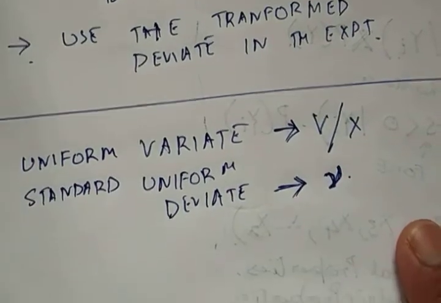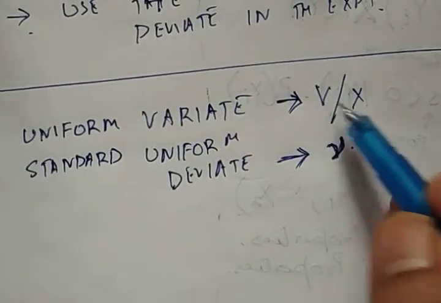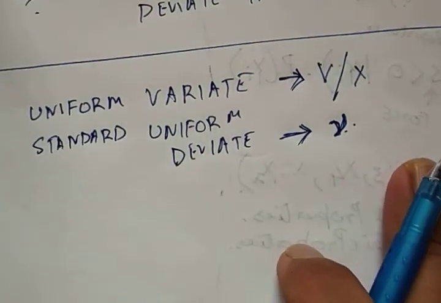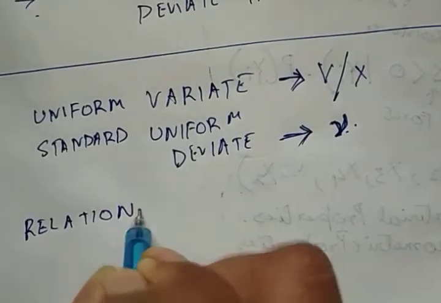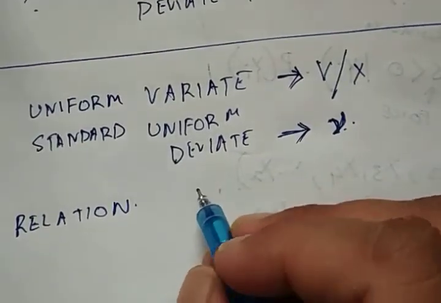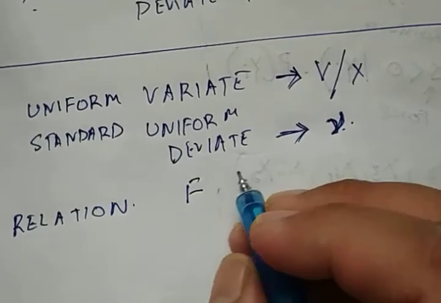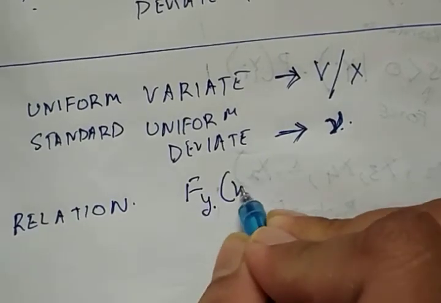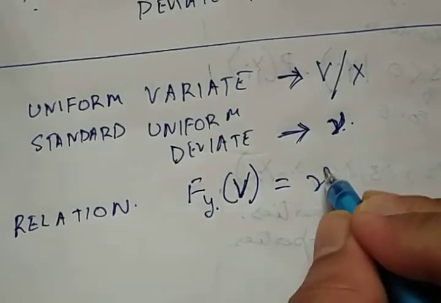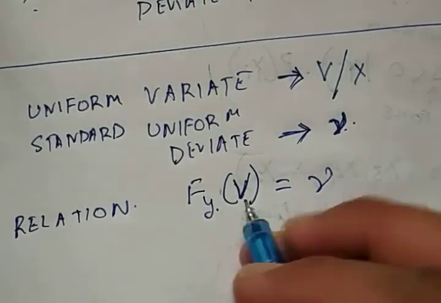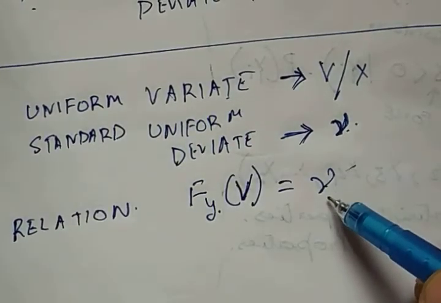So how do I get that? Now the main thing is what is the relation between this V and this small v? The relation that defines it would be cumulative probability. We have already learned about that. The cumulative probability, capital F of V, is going to be my nu. The cumulative probability of my uniform variate is going to be my standard uniform deviate.